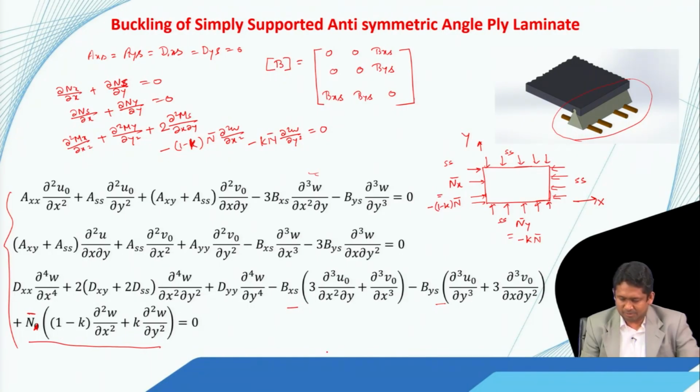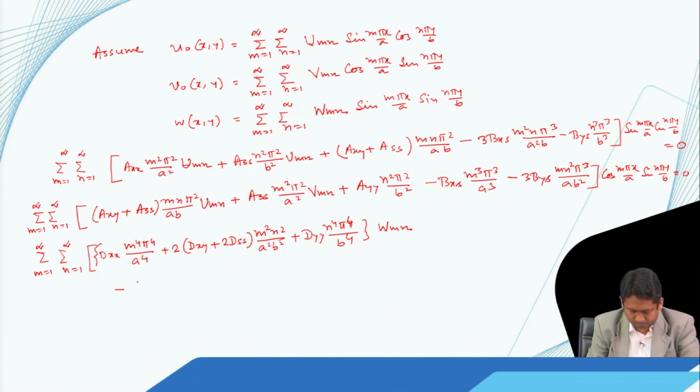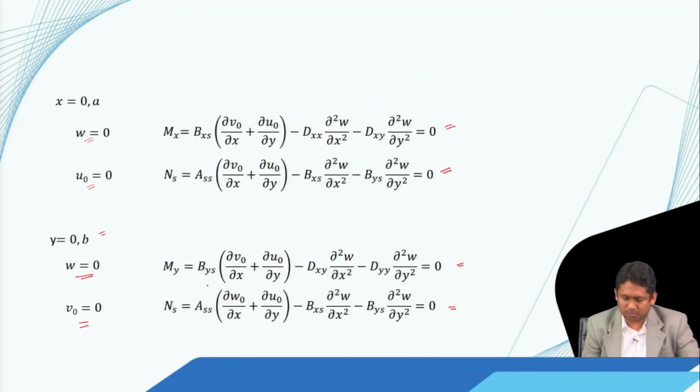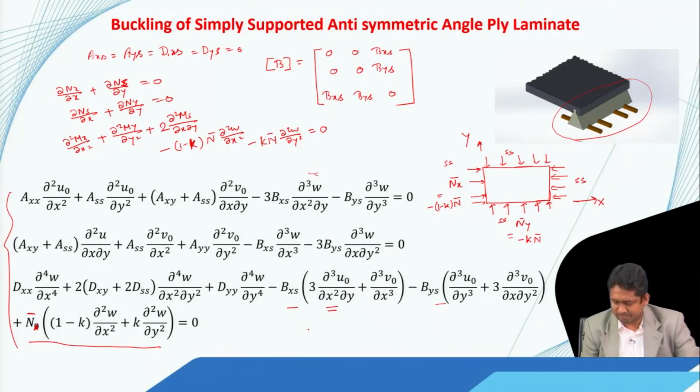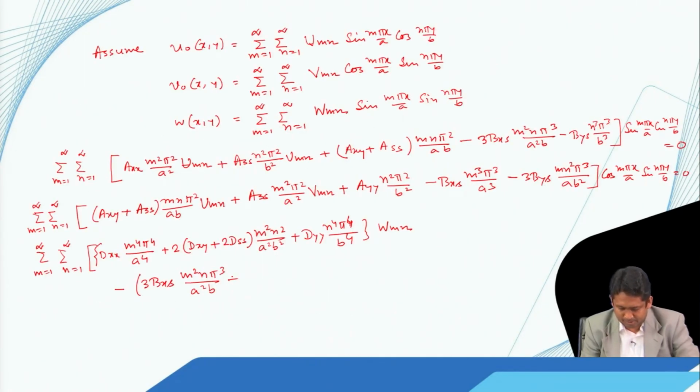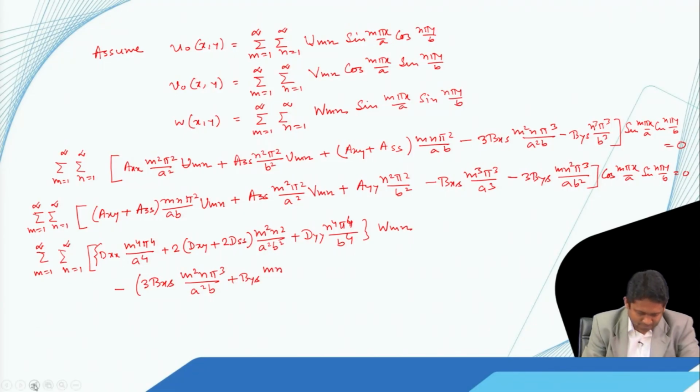So minus 3 into bxs and then we multiply m square n pi cube by a square b, which comes from this term, and then we have minus bys, minus, so plus bys, and for that we have mn cube, only n cube pi cube by b cube.